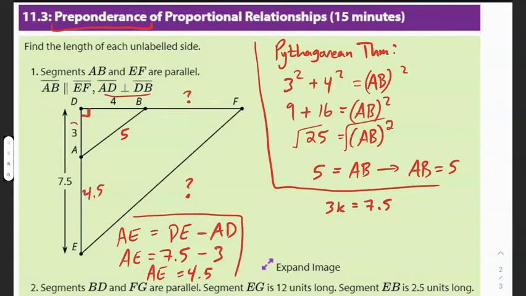Originally we were at 3, and then you multiply by some scale factor, you get 7.5. So 3 times what gives me 7.5? So division property, right? What do you get? Okay, so hopefully you took 7.5, divided by 3, and got 2.5. So maybe perhaps that's the scale factor.